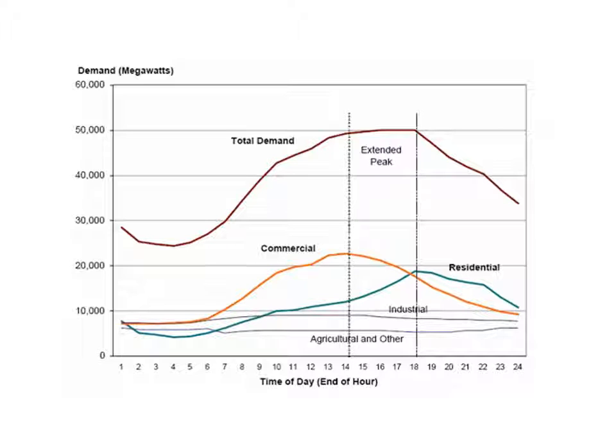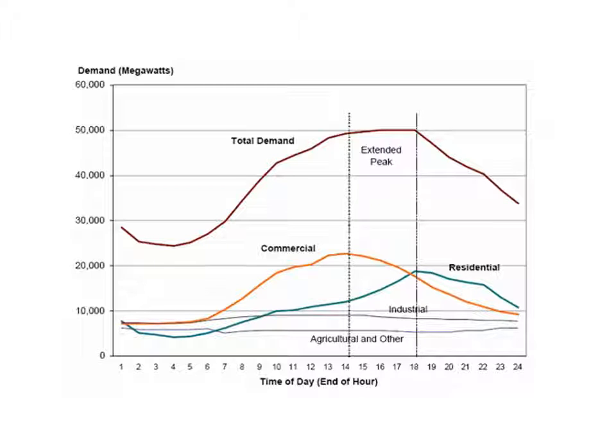And in this case, you can see the total demand profile in dark red, is a function of adding all of these other lines together, right? So you have agricultural and other electricity demand is pretty stable throughout the day. Same thing with industrial.